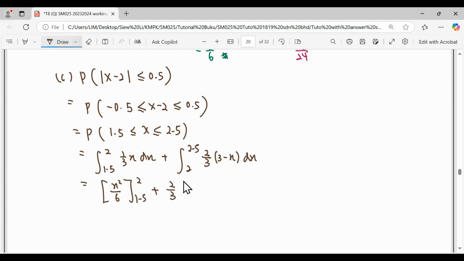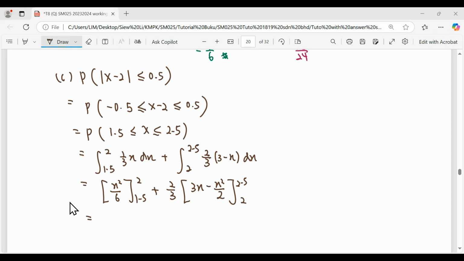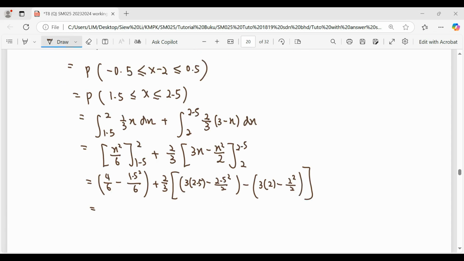The 2 over 3 we factorize out. Integrate 3 we get 3x, integrate x we get power plus 1 over new power, upper limit 2.5, lower limit 2, then we perform upper limit minus lower limit. So here we can get 13 over 24. Then we continue.